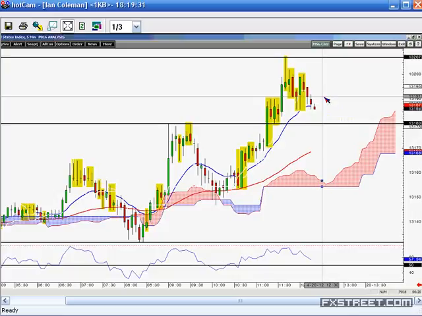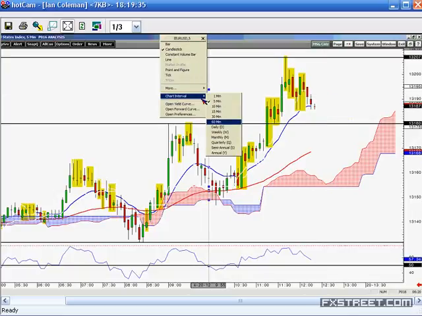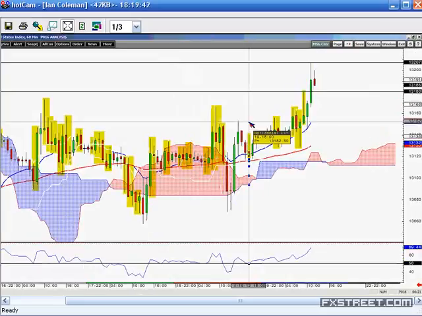If this holds, and we need to push down quite aggressively, then we could get some decent reversal candles on the 1 hour chart. Then we need to look at higher time frames for support and resistance. And if you're adamant that you still think euro dollar is going to come lower, you start building your short.